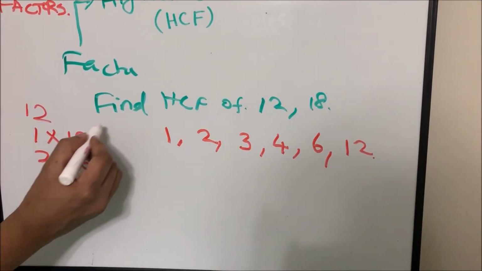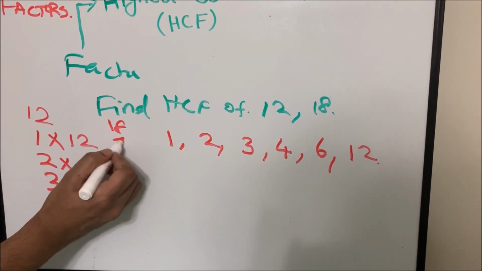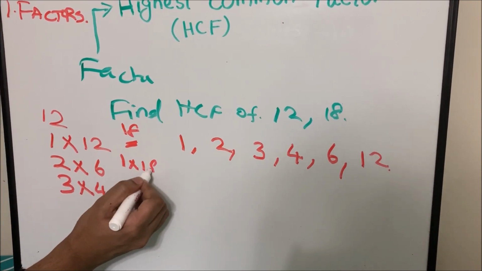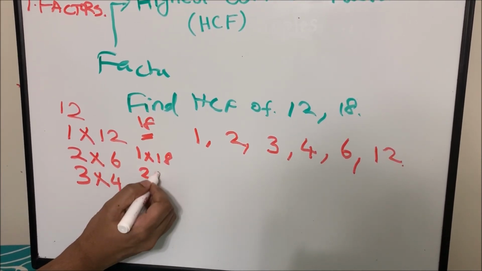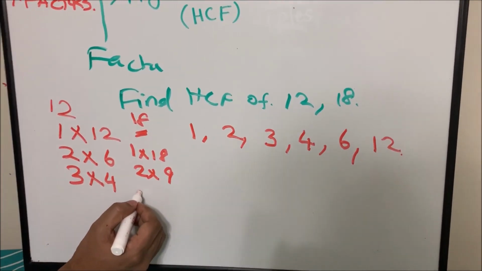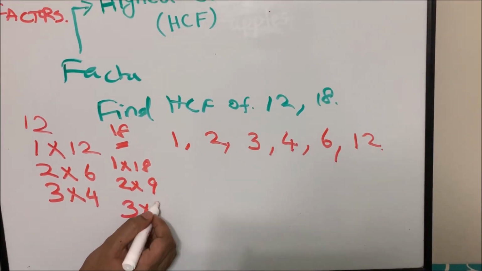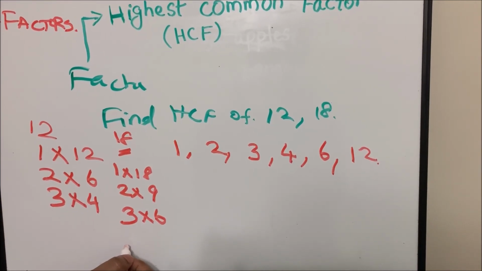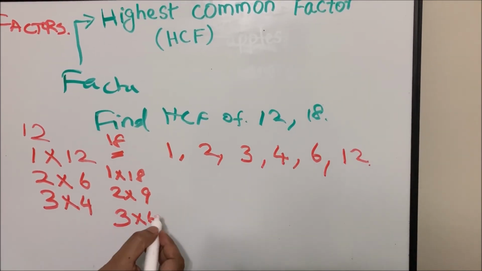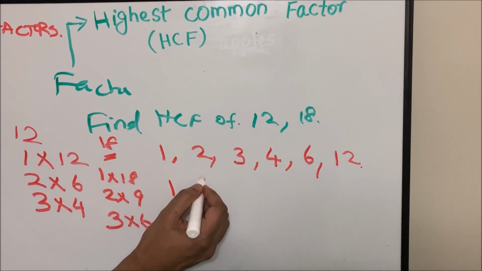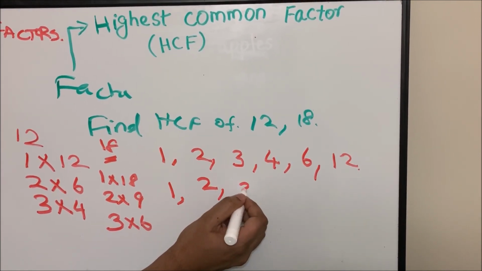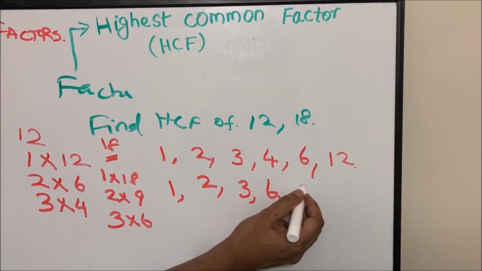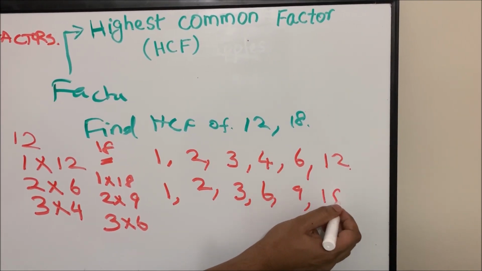And next 18: 1 into 18, 2 into 9, 3 into 6, that's all. So factors are 1, 2, 3, 6, 9 and 18.